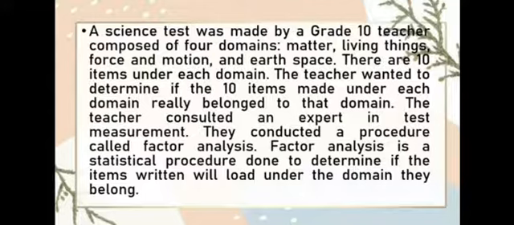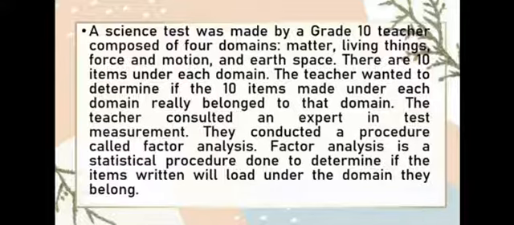The situation example is a science test made by a grade 10 teacher composed of 4 domains: matter, living things, force and motion, and earth and space. There are 10 items under each domain. The teacher wanted to determine if the items made under each domain really belong to that domain.